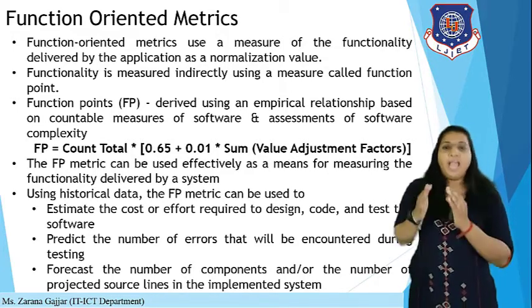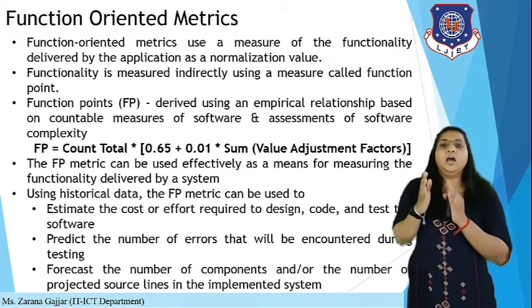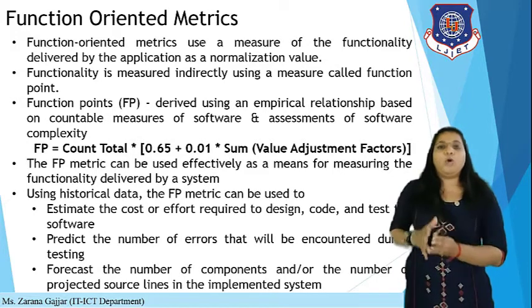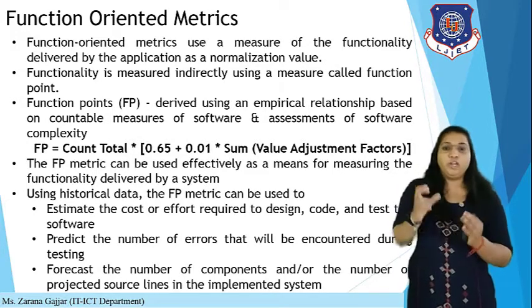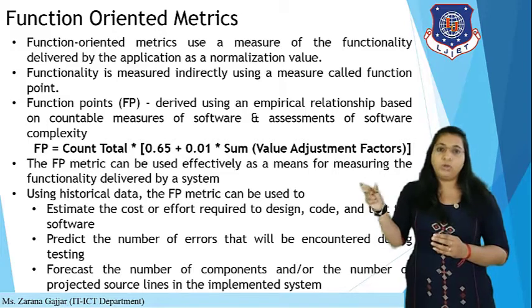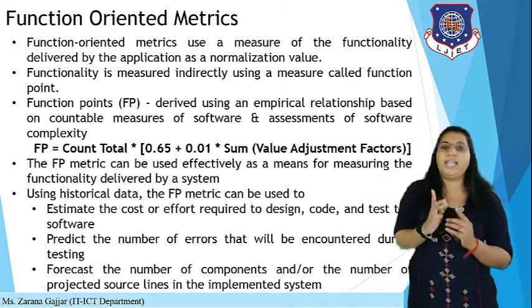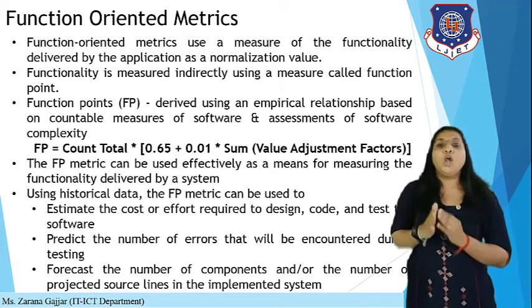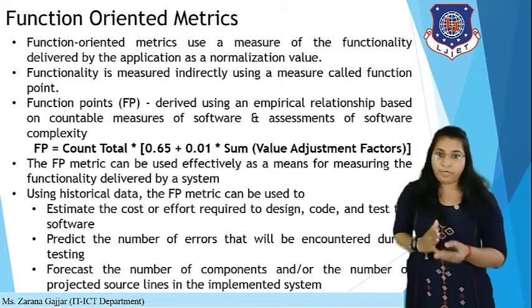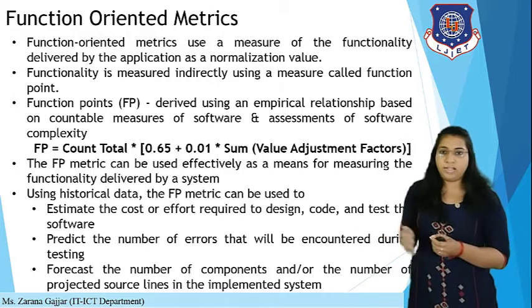So FP is basically a multiplication of UFP and CAF. UFP means your total count, and the remaining part is your CAF. CAF stands for complexity adjustment factor, which we will study in the next topic.